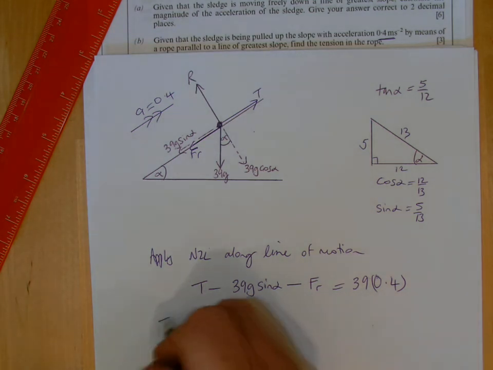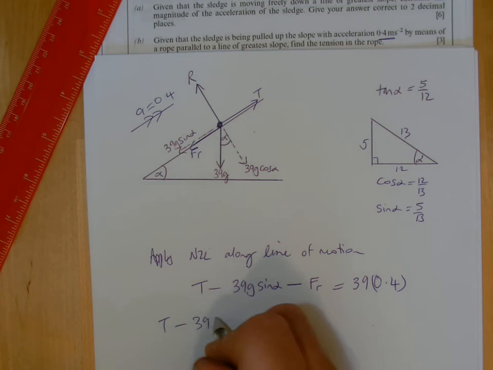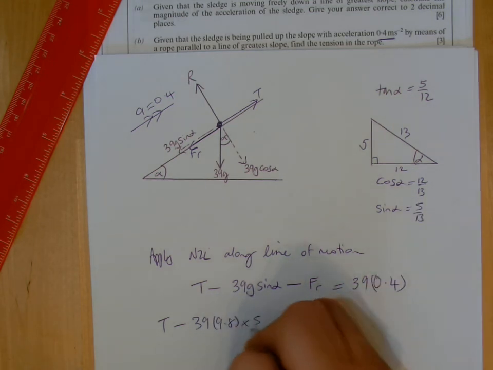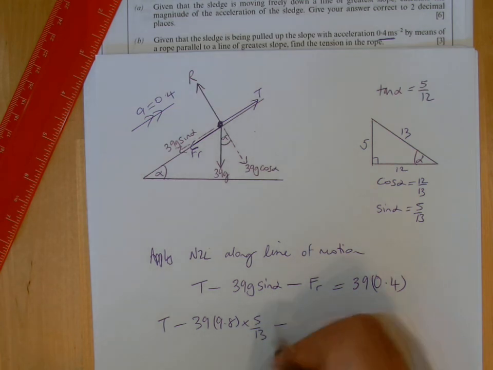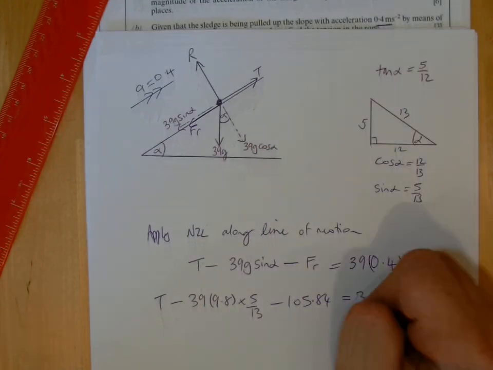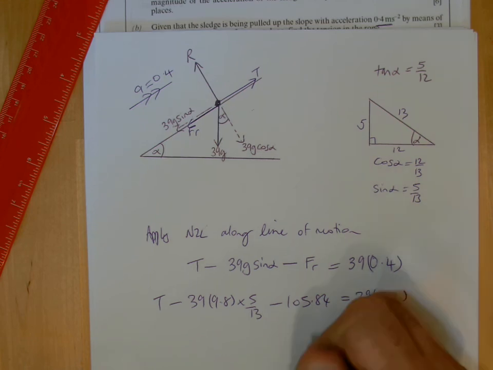Now, it's just a case of plugging in the numbers. There's not many marks for this as such, because we can use what we've worked out already. The friction from before was 105.84, so we just use that value there, and then you work out these values in the calculator, and we can get our tension.